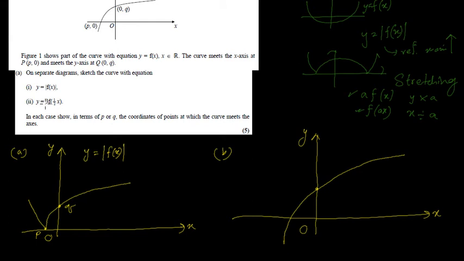Since it is 3f(x), meaning a f(x), you multiply the y coordinate with a. So the y coordinate is q, so you multiply q with 3, so this would be 3q. So this is done, and the x will be unchanged. Now for the next transformation, f(half x), you divide the x coordinate with half, with a. So the x coordinate is p, so p divided by half is 2p. So this is what the transformation is going to be, remember that.